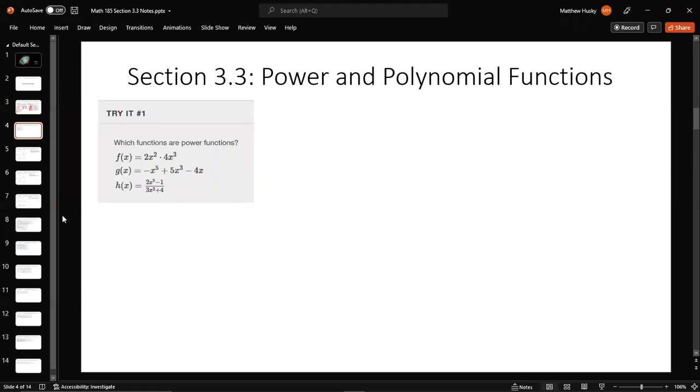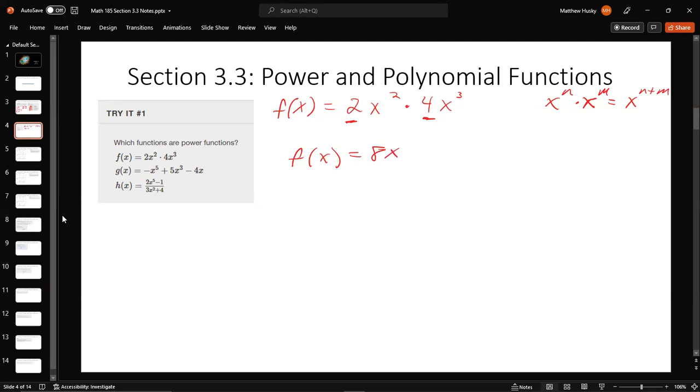All right, so for this one, let's look at f of x first of all. You can clean this up because you've got 2x squared times 4x to the third. If you take 2 and multiply by 4, that is going to give you 8. And when you're multiplying with powers, remember that x to the n times x to the m, you're supposed to add the two powers together.